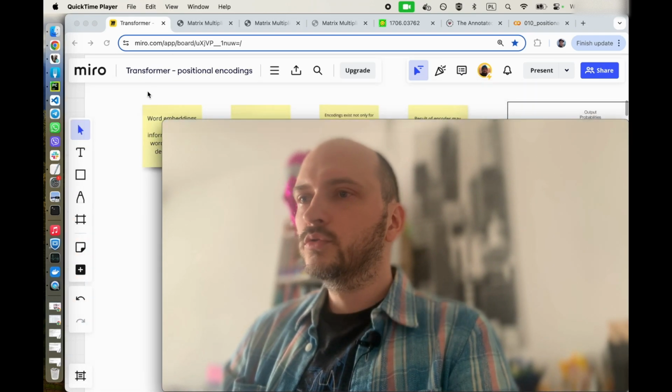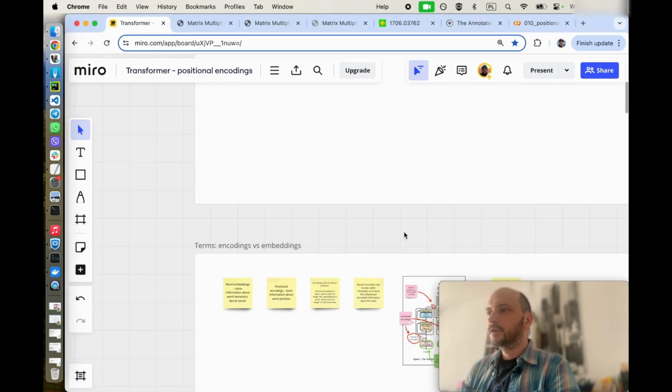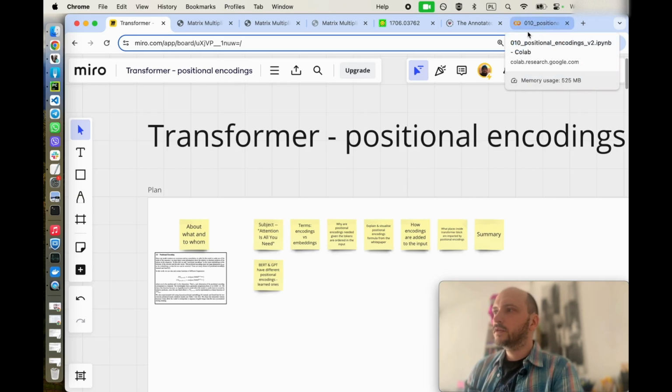I will use a Miro board for visualizations. I have prepared some plan and some visualizations here. Also, I will show you some things in the Jupyter notebook that I've prepared in Google Colab, and I will share this notebook with you and put it in the description, so you will be able to review it by yourself and play around with it.